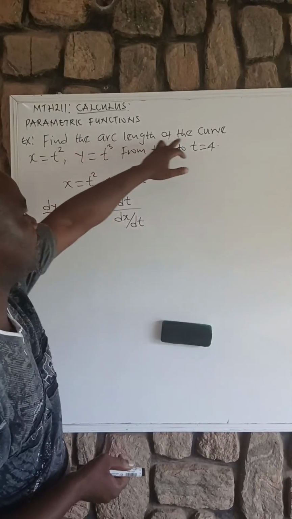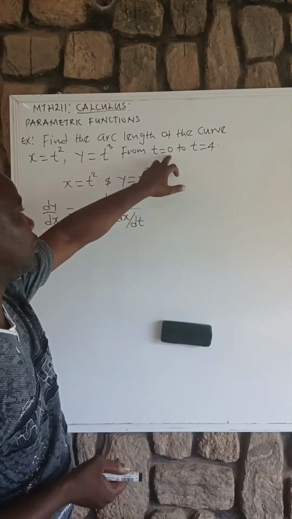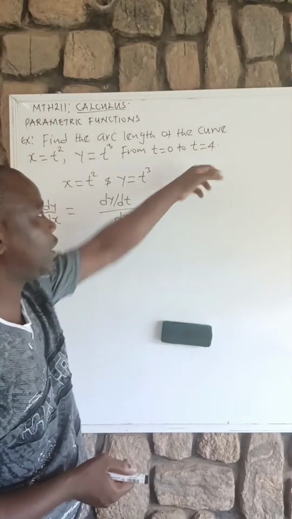So now they said the arc length of the curve, and here we have the interval running from 0 to 4. Is that clear?